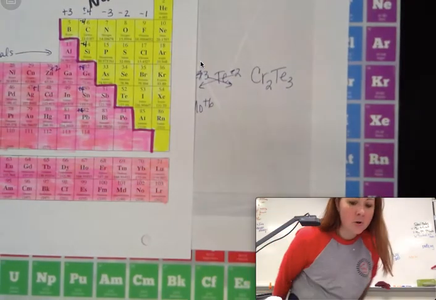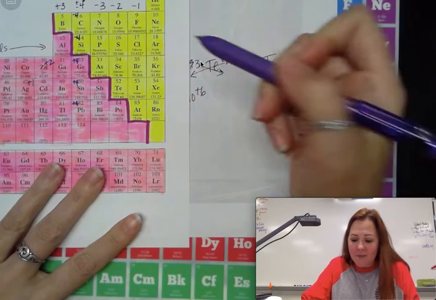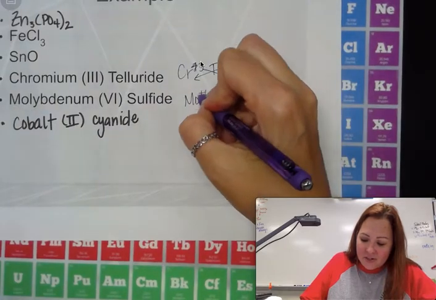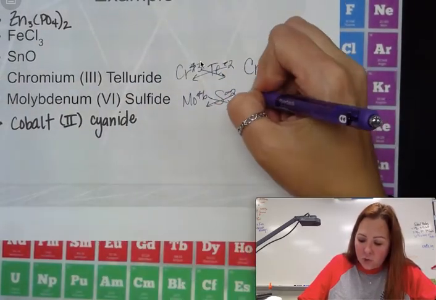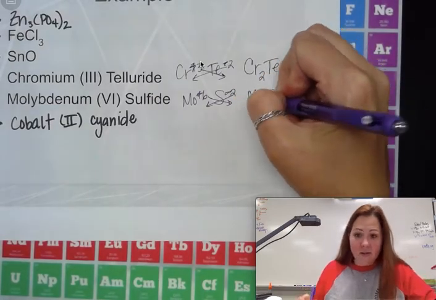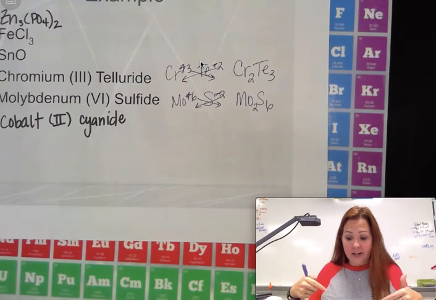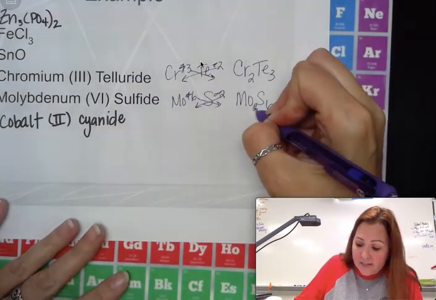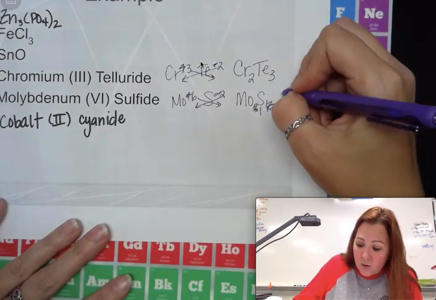So sulfur has that -2, so you have S -2. So again, my plus and my minus are going to disappear. The 2 and the 6 are going to swap, so you have Mo2S6. I have a 2 and a 6. Those can get simplified down. So 2 divided by 2 is 1. 6 divided by 2 is 3. So you have MoS3.